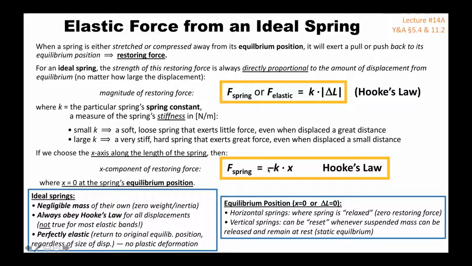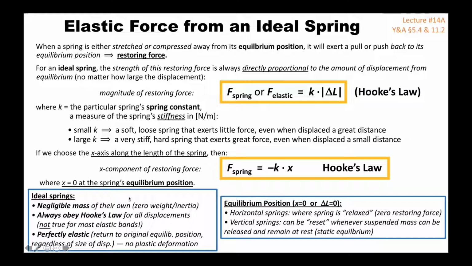So if you stretch, the spring pulls back, but if you compress, the spring pushes back in the opposite direction that you've displaced it. x is defined as 0 at its equilibrium position. So that means when you let go of the spring, it's not going to exhibit any push or pull at all, and it'll stay where you release it.